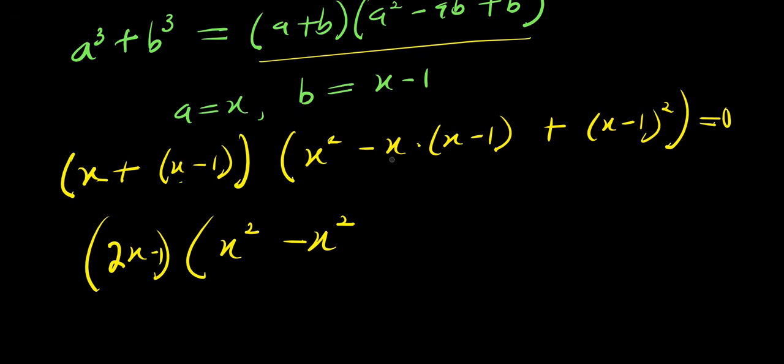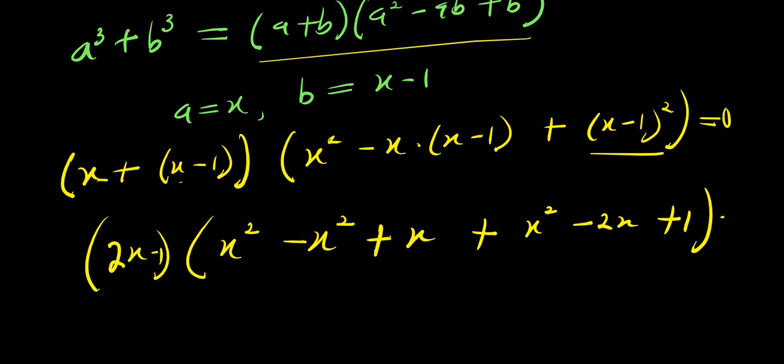And this is minus x squared, this is plus x. Plus if you expand this, we have x squared, this is minus 2x plus 1. So this equals 0.